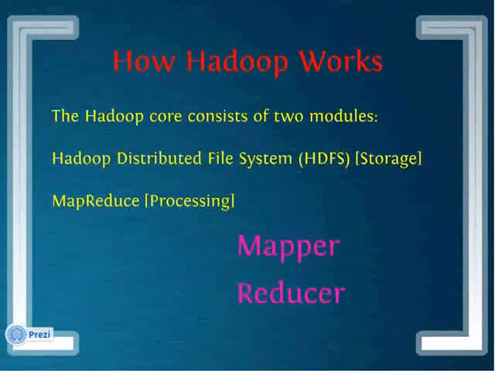The next topic is how Hadoop works. Now we know what Hadoop is and why we need it. But how does it work? Hadoop core consists of 2 modules. We were talking about the processing part, that the processing was quite difficult, complex and big.